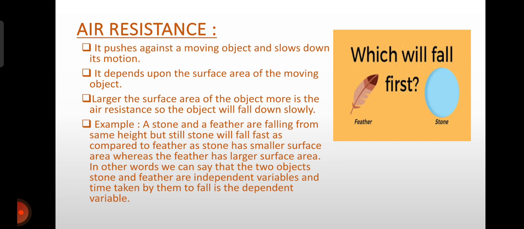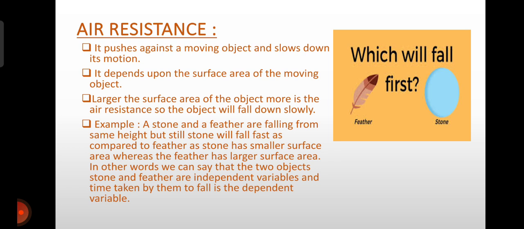the stone will fall fast as compared to the feather, as the stone has a smaller surface area compared to the feather. And just now we read that for higher air resistance, surface area should be larger. That's why the stone will fall first because of the smaller surface area.